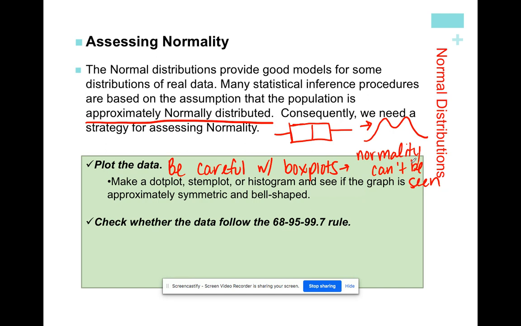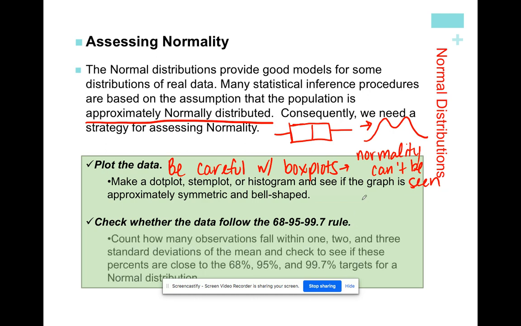You can also check to see whether or not the data follows the empirical rule. Essentially, to do that, you're just going to count how many observations fall within 1, 2, and 3 standard deviations of the mean. So you will run one variable stats if you have the data, and then do the mean plus or minus 1 standard deviation to come up with a window.